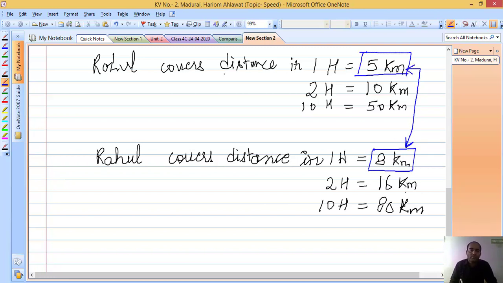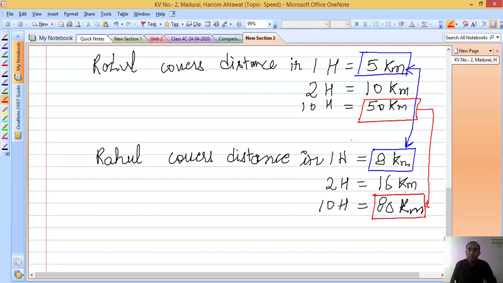Okay. Now as the time increases, for 10 hours, with the speed when he is covering 5 kilometers in 1 hour, he covers 50 kilometers, and with the increased speed he covers 80 kilometers. Okay.